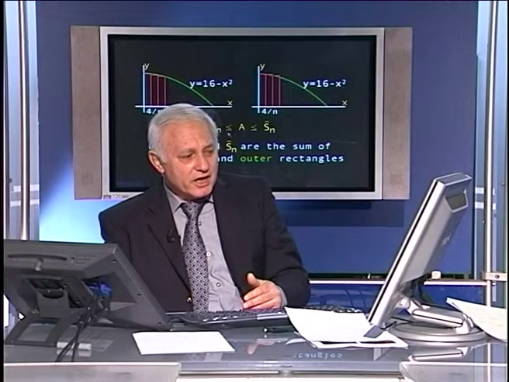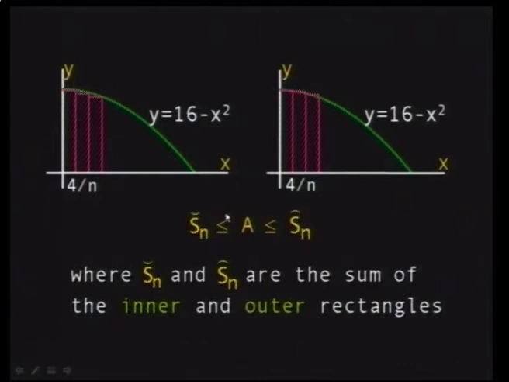Now your exact area is enclosed between these two, the upper bound or upper limit, which is the upper sum, and this is the lower sum of these rectangles, and the exact area lies between these two limits.